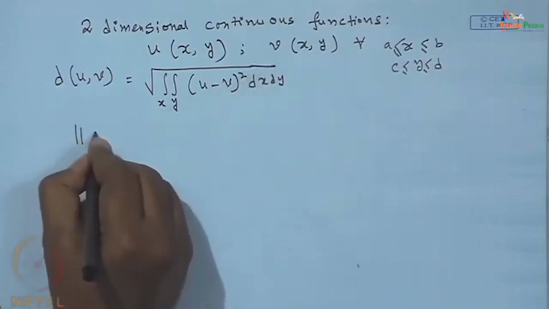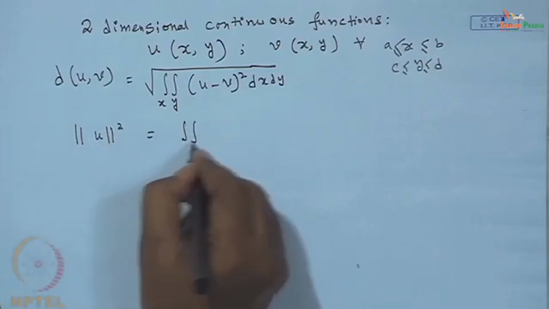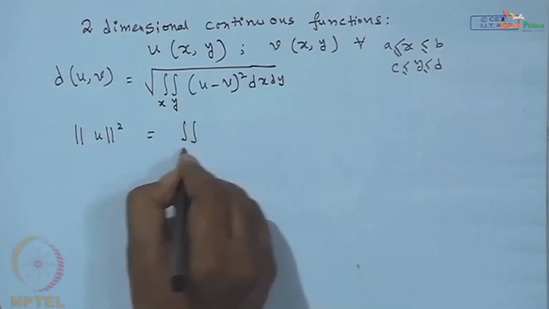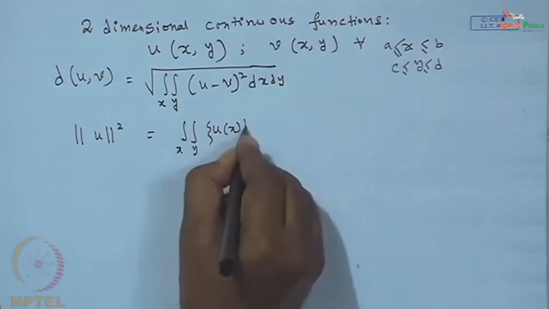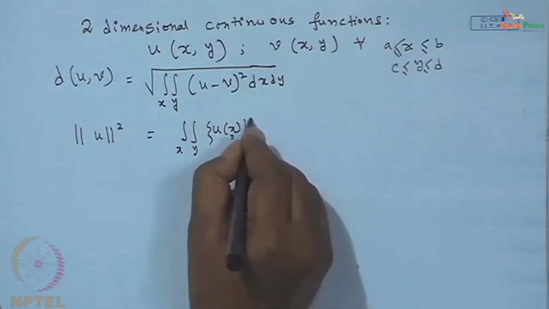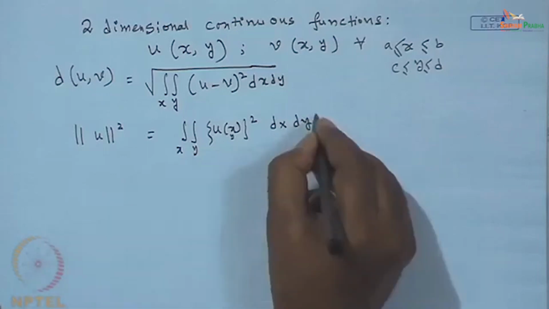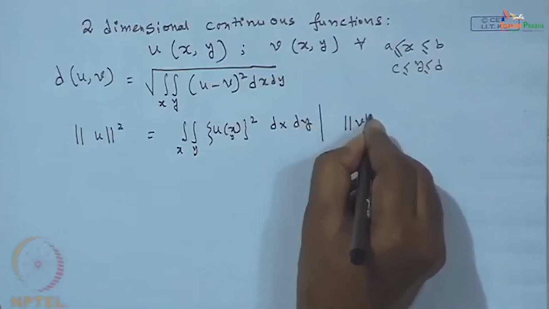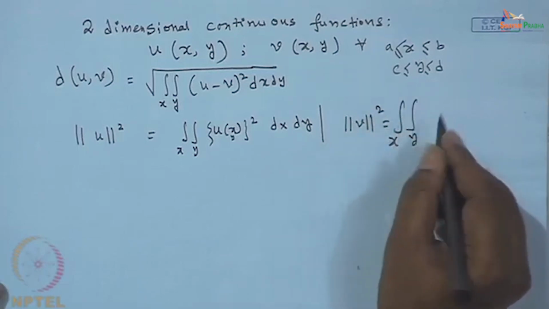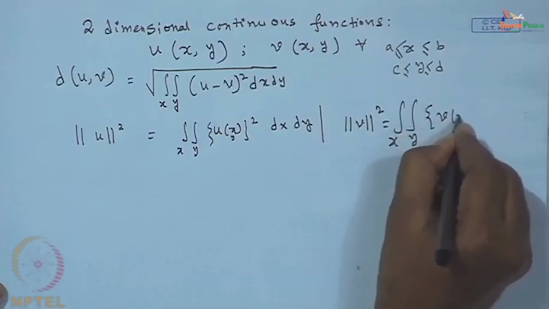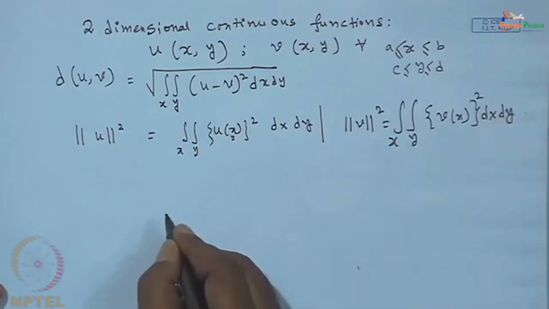The norm of u will be nothing but the integral over x, integral over y, of u of x and y square, dx dy. Similarly, one can define the norm of v as the integral over x, integral over y, of v of x and y square, dx dy.